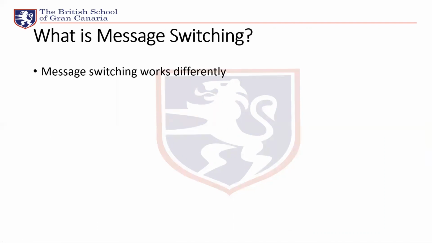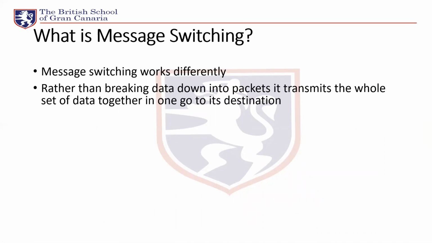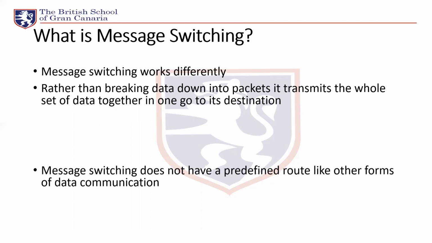Message switching works differently. Rather than breaking the data down into packets like you saw there, which sounds like a haphazard way, but it's not really, it works very well, this will transmit the data all together as one whole to go to the destination.